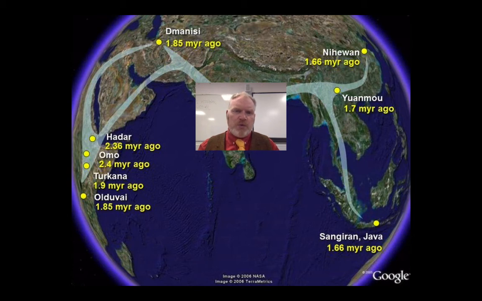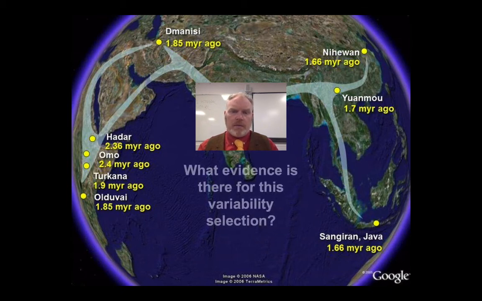What's interesting is when we start to look at the environmental conditions that existed at the time these fossils were preserved. Because that perhaps would show us what evidence we might have for this idea of variability selection.